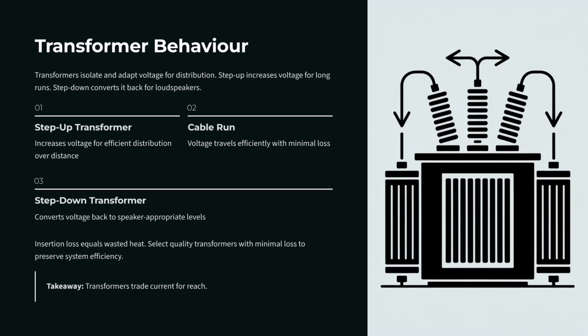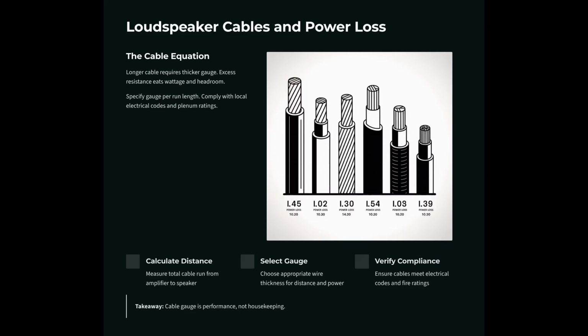And I'm sure some of you are asking, what about cable runs and power loss? Remember to use thicker gauge for longer cables. Excess resistance eats wattage and headroom. Specify gauge per run length and comply with local electrical codes and plenum ratings. Cable gauge is about performance.